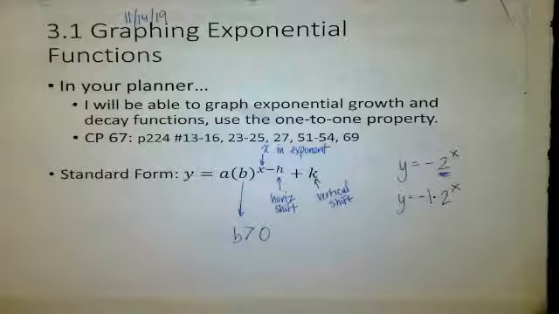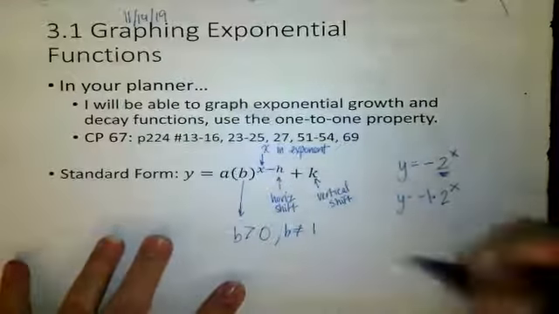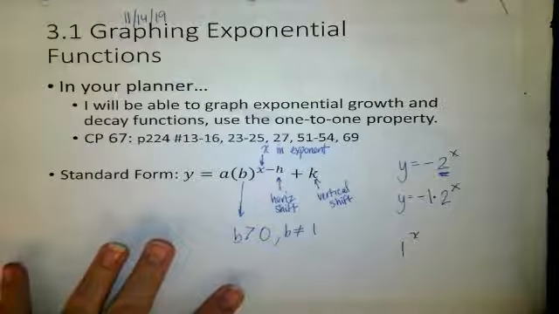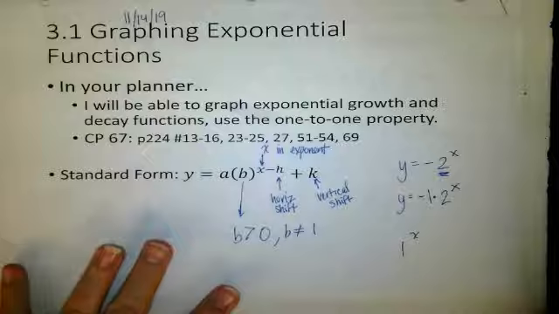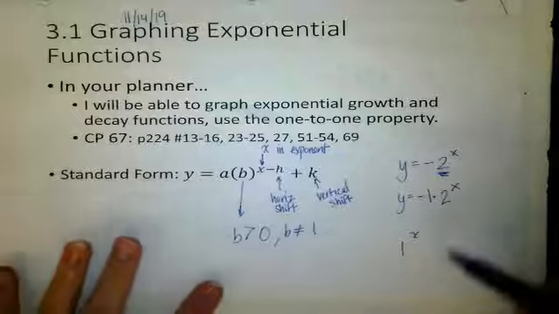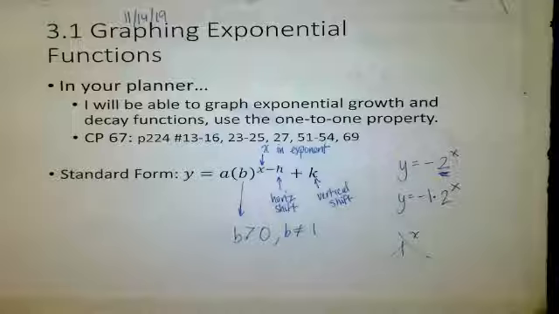It cannot equal 0. Oh, and it also cannot equal 1. That doesn't make sense to have 1 to the x. Think about that. If x is 1, you get 1. If x is 2, you get 1. If x is 3, you get 1. That's not an exponential function. That's a constant function. So our b value cannot be 1. But it must be greater than 0 and not equal to 1.